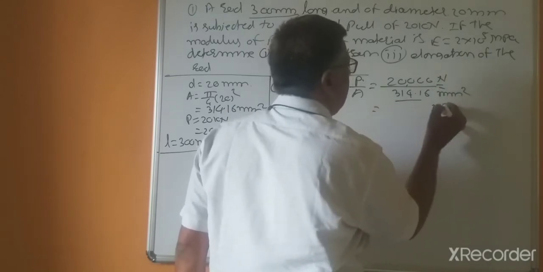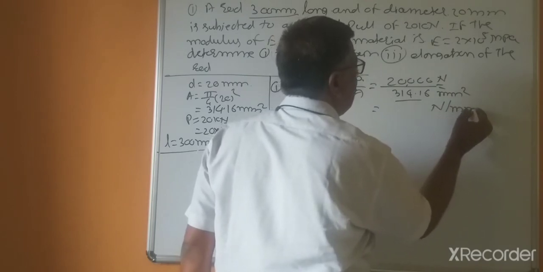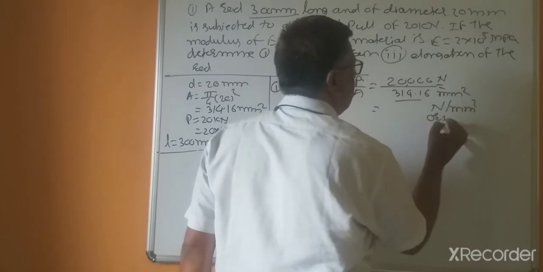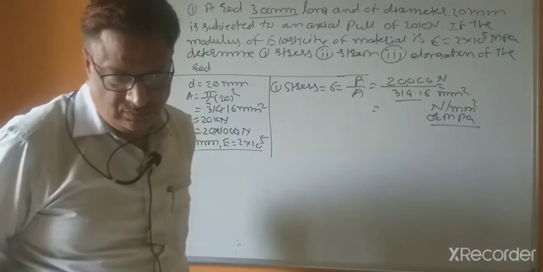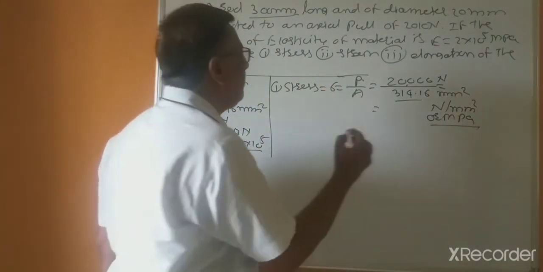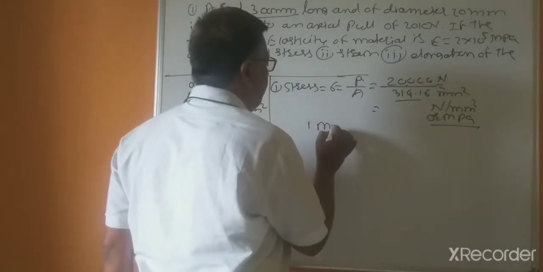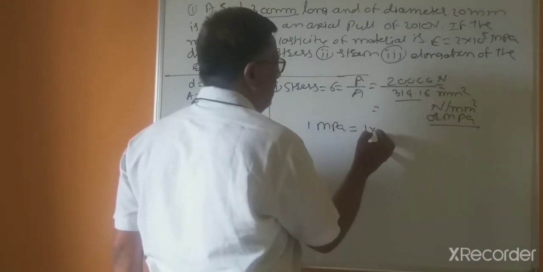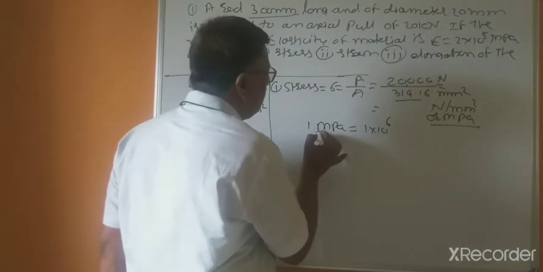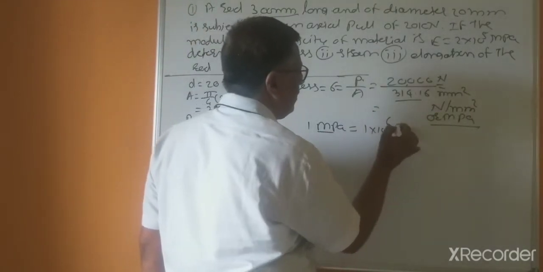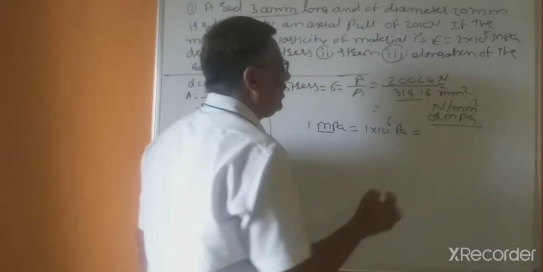So you will get the unit Newton per mm square or mega Pascal. Why is this mega Pascal? Because 1 mega Pascal equal to 1 into 10 to the power 6, because mega means 10 to the power 6 and this is Pascal.